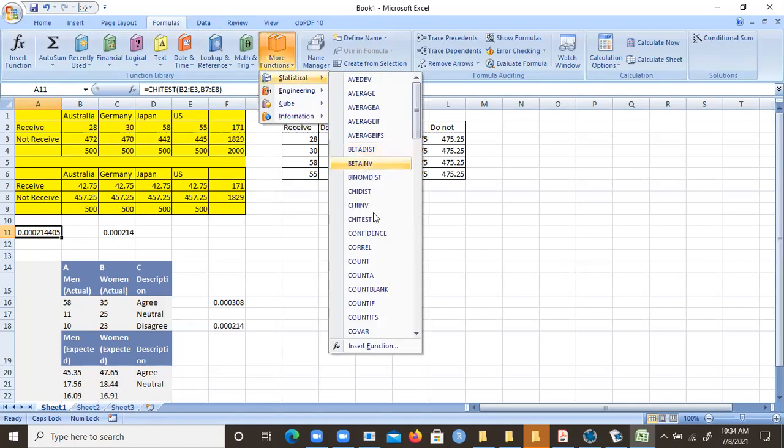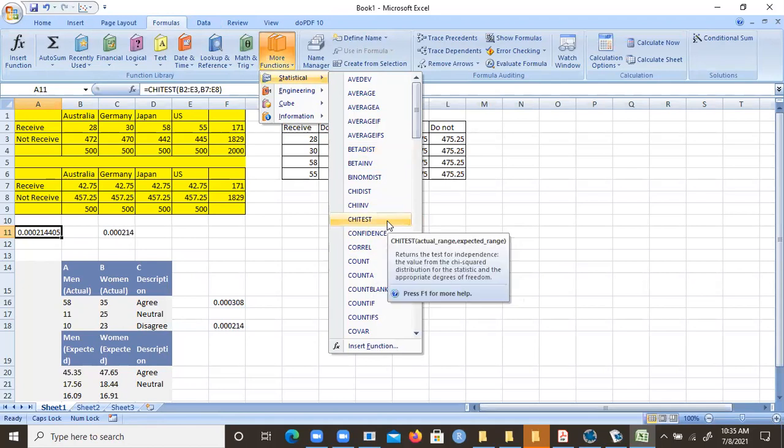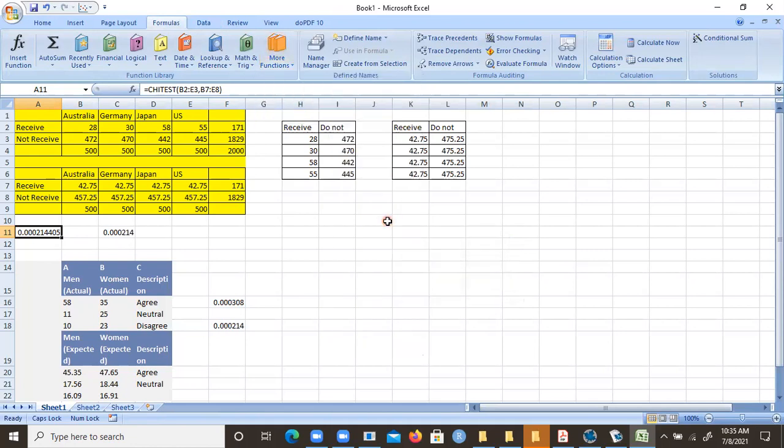The chi-square test that I used over here, if I use this particular command, this is actually calculating one sort of value, but this value is not at all my value of the chi-square test.